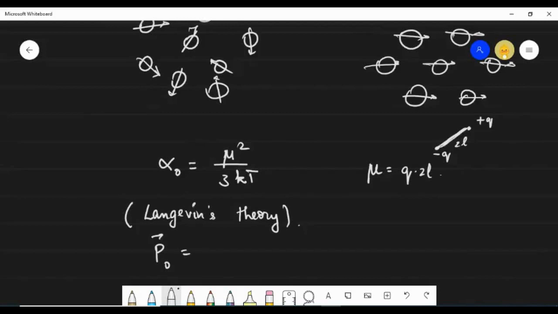The orientational polarization is given as n alpha naught. Alpha naught is orientational polarizability.